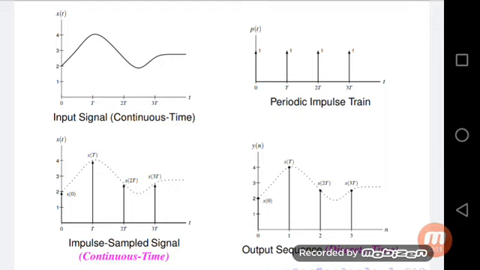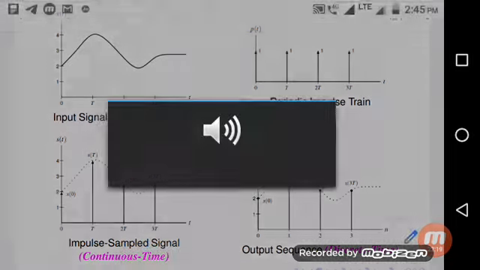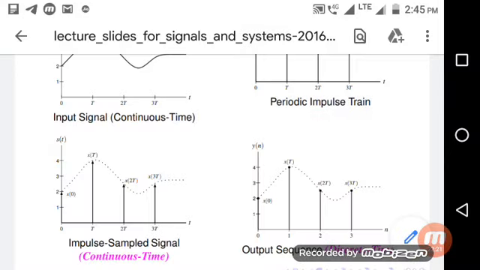It is adjusted to equal sizes. That's why it is called a periodic impulse train. By using quantization, we can easily convert the signals from one form to another form, easier and faster compared to the previous technologies.